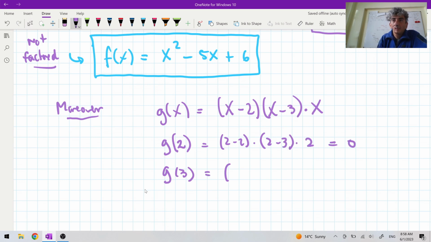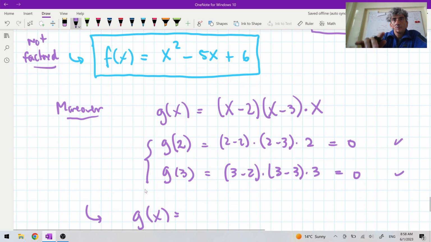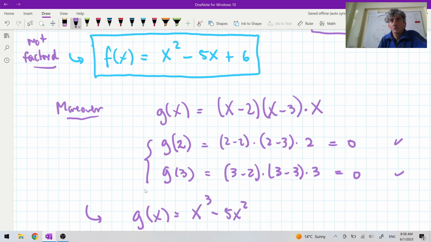And then you get (3 minus 2) times (3 minus 3) times 3, which is also 0. So g also works. And when you multiply out all the terms, what you get is simply x cubed minus 5x squared plus 6x.